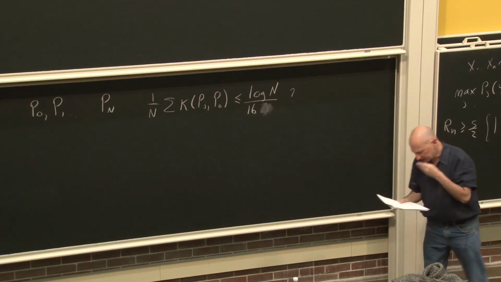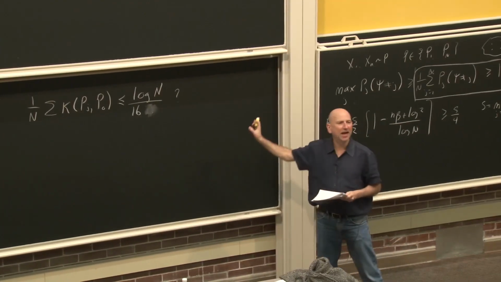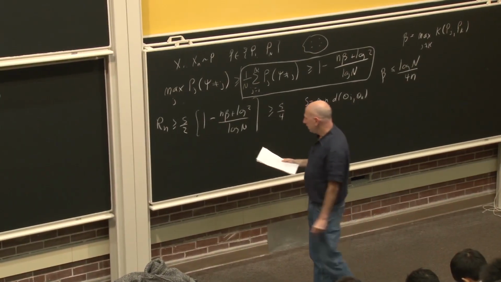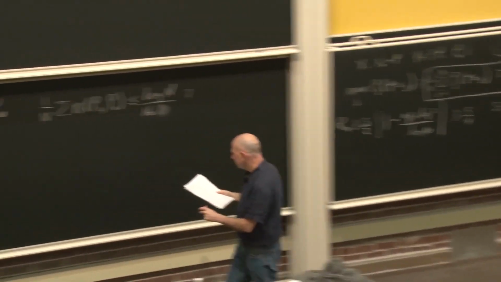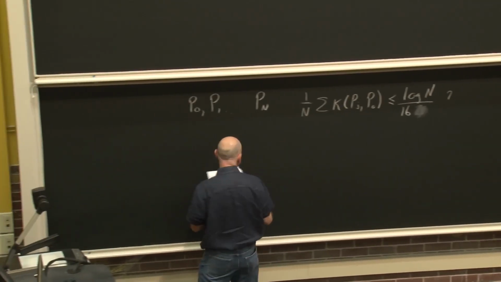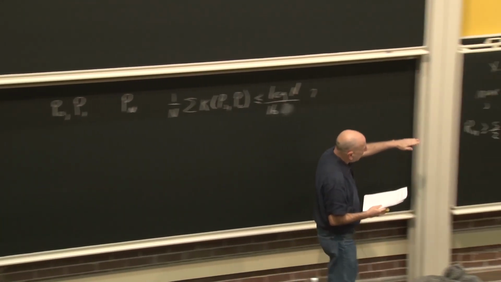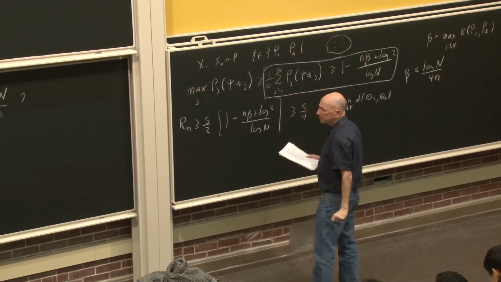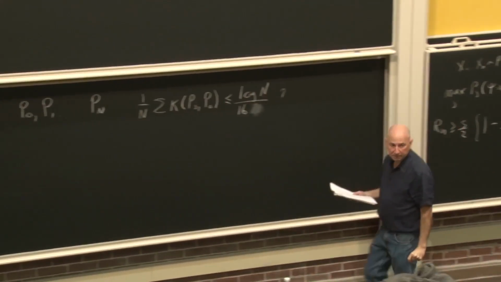We'll come back to that in a second. There may be an n missing. Let me check it. And then we get the same result, that it turns out this is now bigger than or equal to, as it turns out, an eighth.